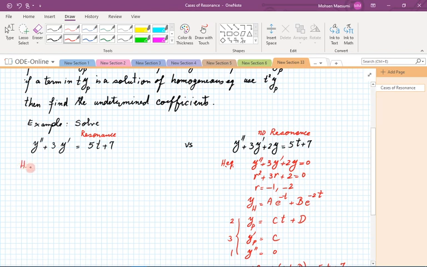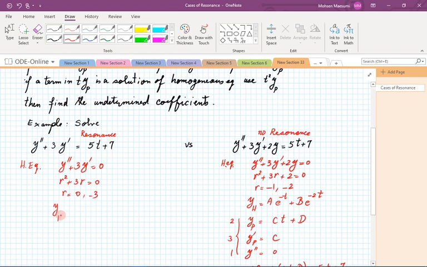So same as before, we do the homogeneous equation. For the homogeneous equation, we have stripped the right hand side off. Characteristic equation, r squared plus 3r is equal to 0. Solutions of this are not new, 0 and minus 3.